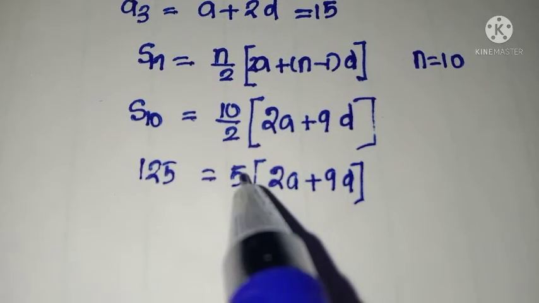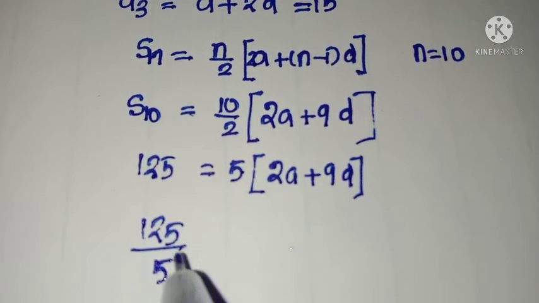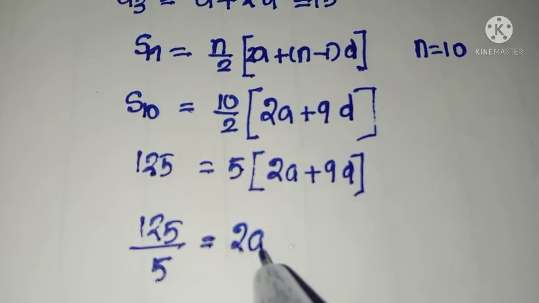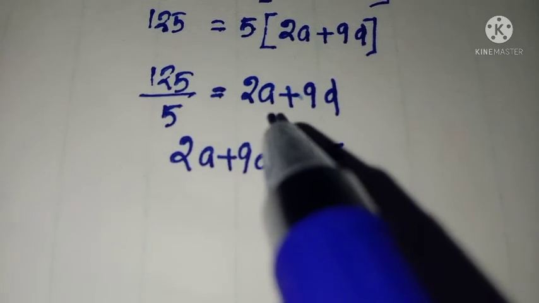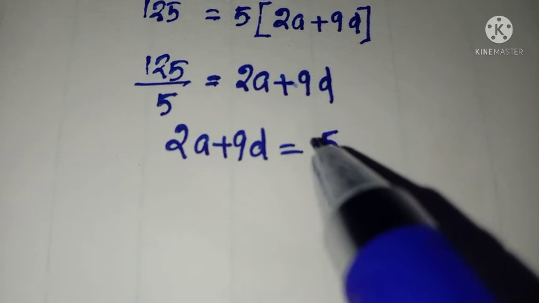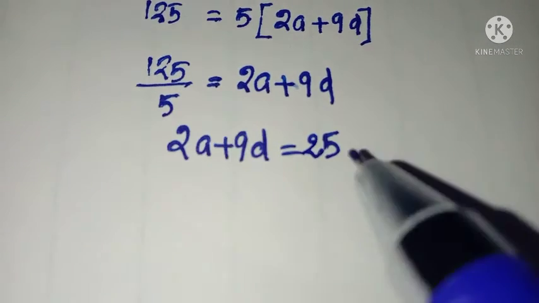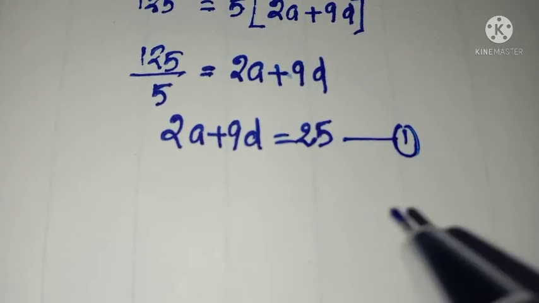Take this 5 to here. So this becomes 125 by 5. 125 by 5 equal to 2a plus 9d. That is 2a plus 9d is equal to 25. 125 by 5 gives 25. Put it as equation number 1.